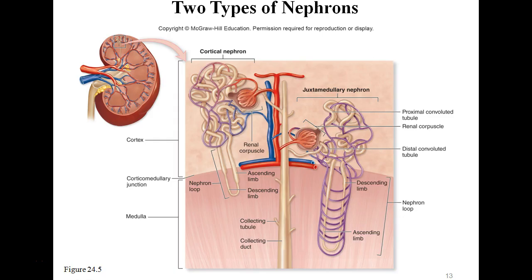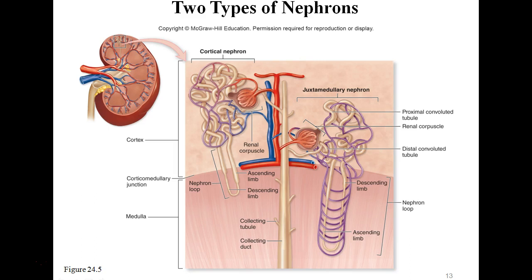On the next slide is a possibly more simplified version of these two types of nephrons. Generally speaking, nephrons with a relatively short nephron loop that barely penetrate the medulla and make up the bulk of the cortex are going to be called cortical nephrons. Whereas nephrons with relatively long nephron loops extend deep into the medulla, these are going to be called the juxtamedullary nephrons.